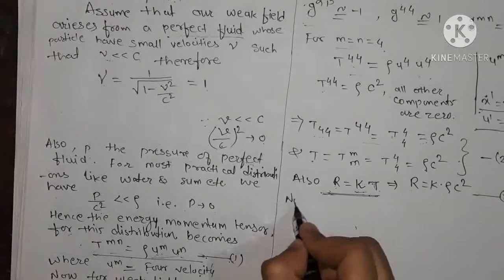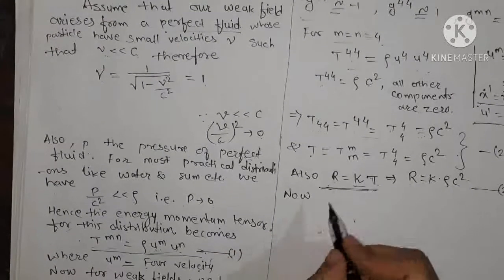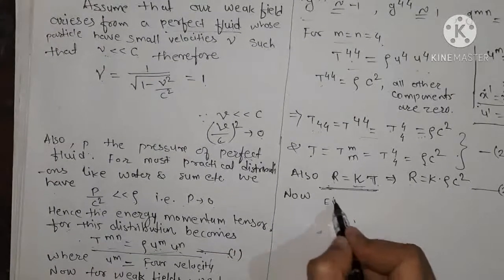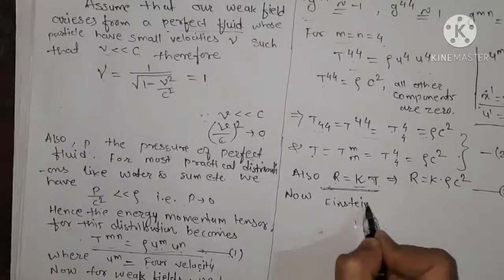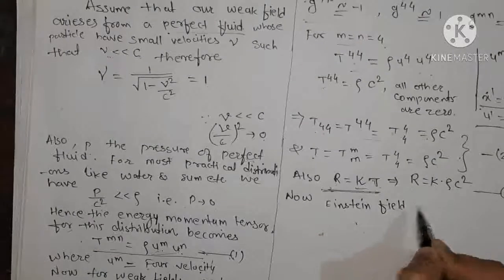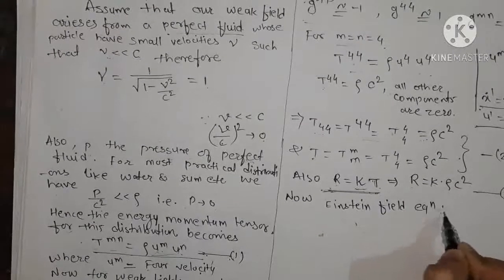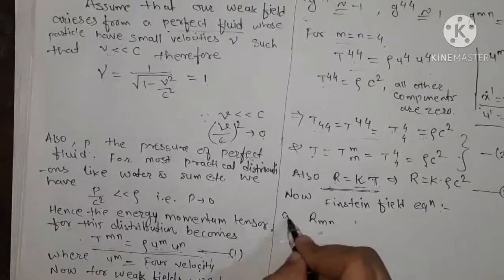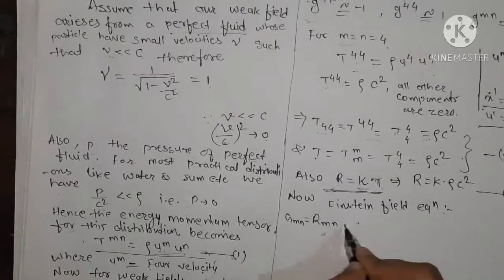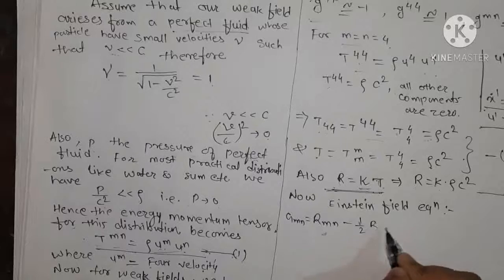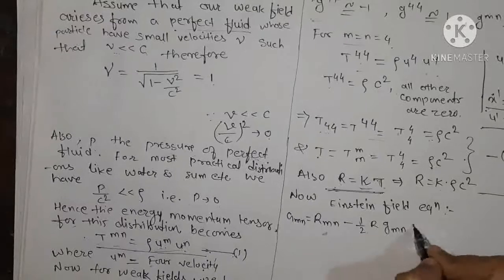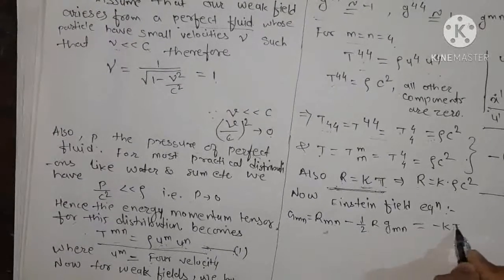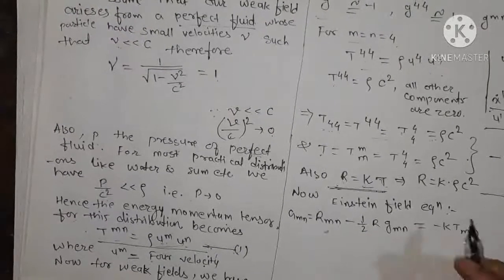And now our Einstein field equations are given by Gmn, that is Rmn minus 1 upon 2 R Gmn equals minus kappa Tmn.